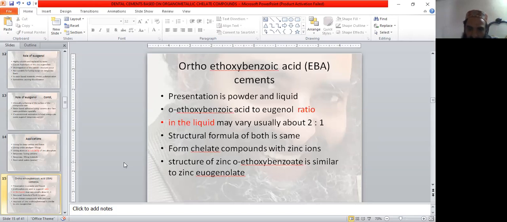As I have discussed, the impression paste which we are seeing nowadays or using is not the zinc oxide eugenol. It is the zinc orthoethoxybenzoate material.